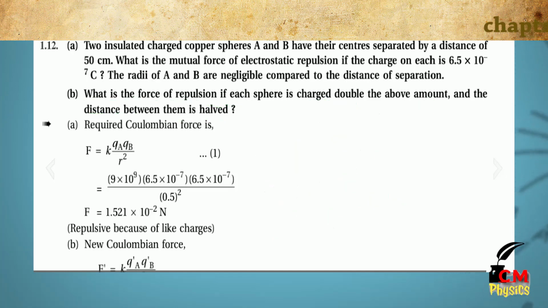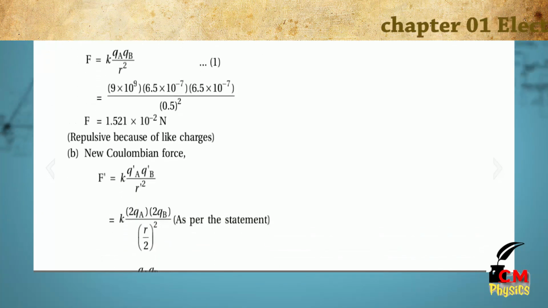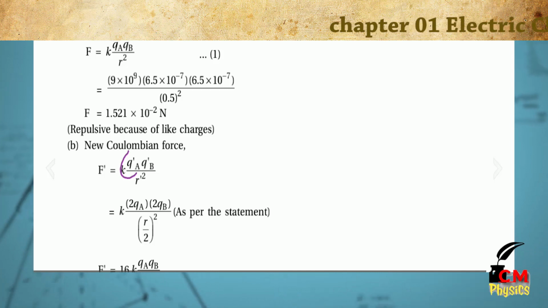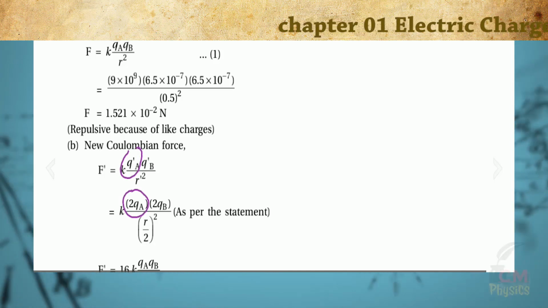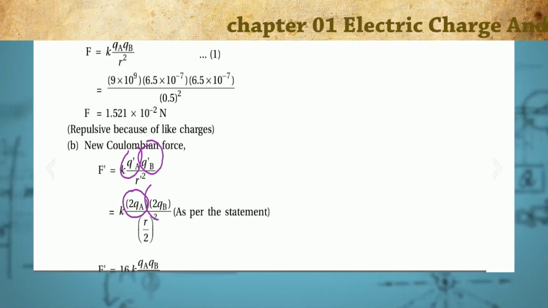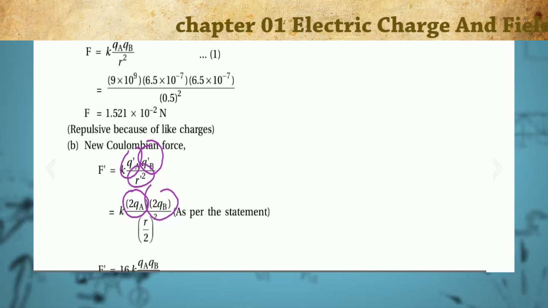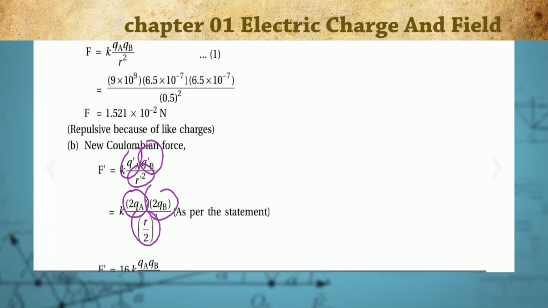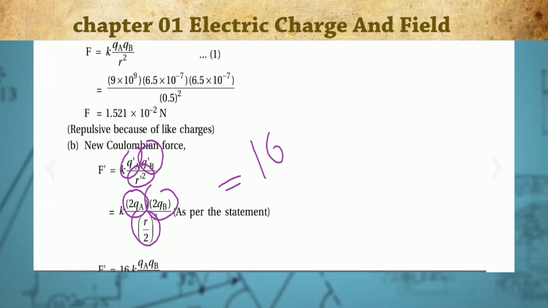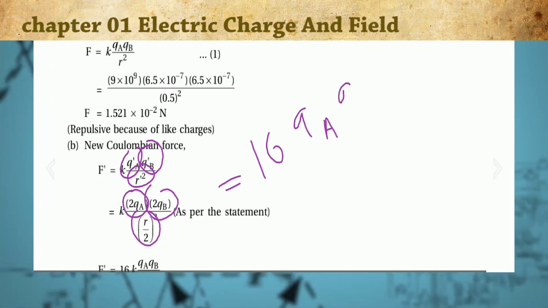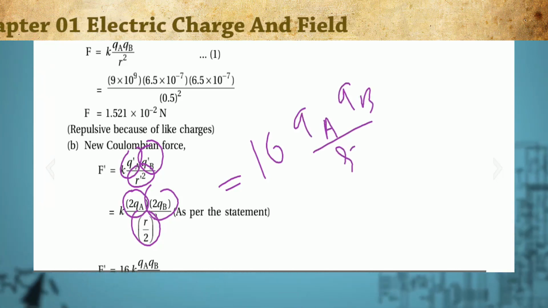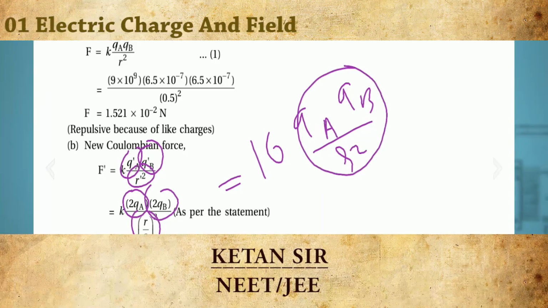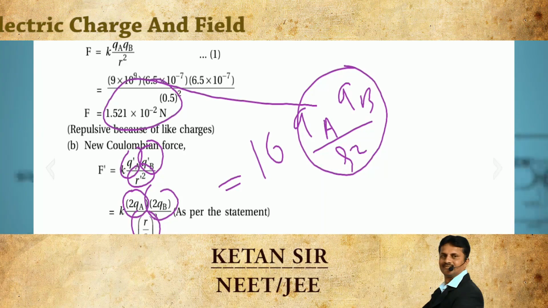Then after putting the values inside the formula, QA dash is twice of QA, QB dash is twice of QB, and R dash is R by 2. Then after calculation you get 16 QA QB by R square.